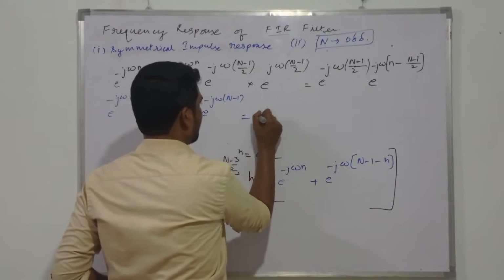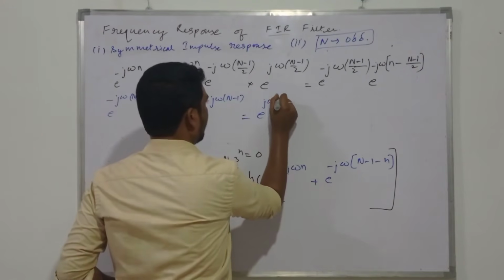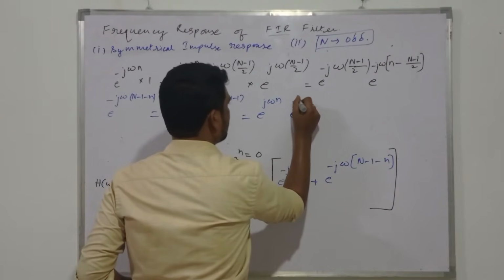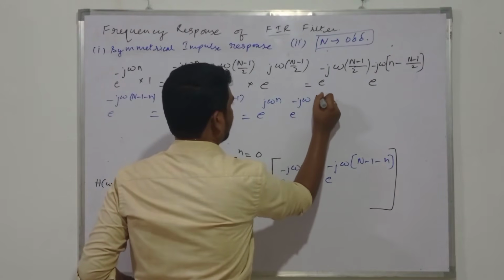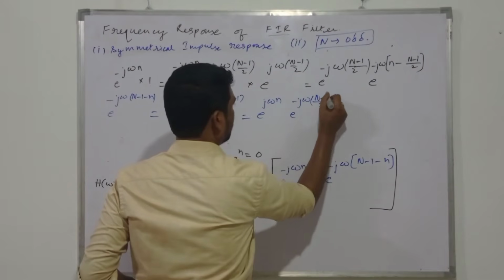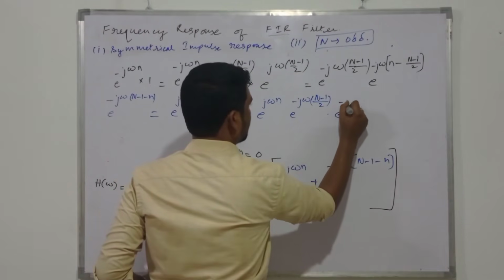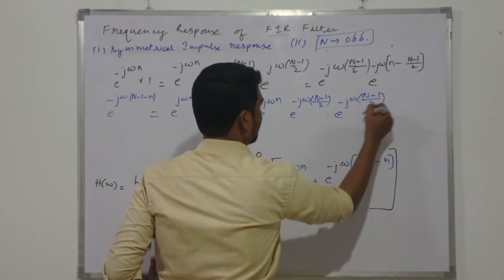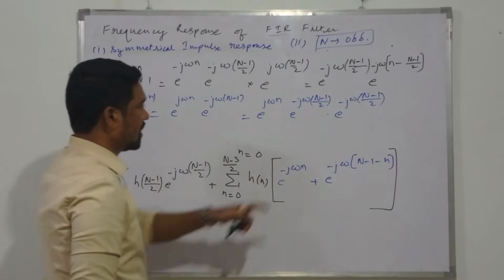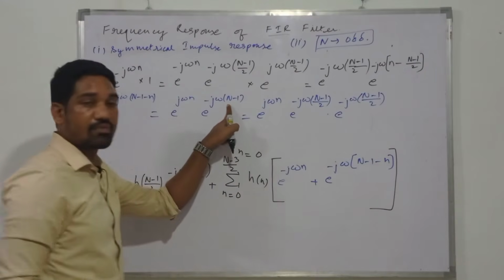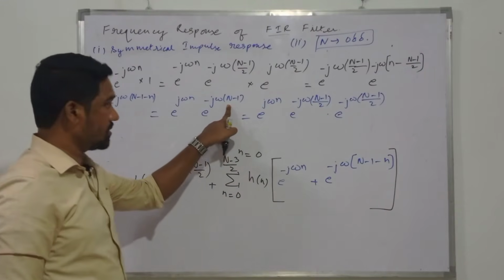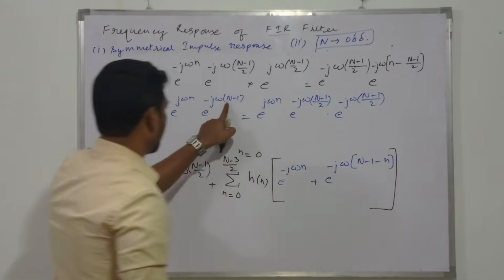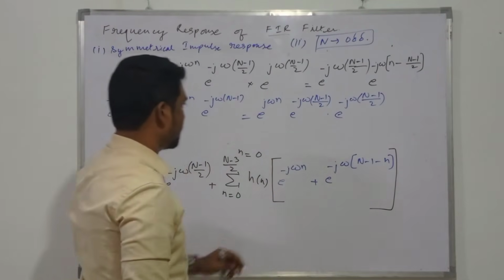This can be written as e raised to j omega n, no change in that one, e raised to minus j omega (n minus 1) whole by 2 into e raised to minus j omega (n minus 1) whole by 2. It's a half, isn't it? When these two halves are added, we have that complete n minus 1, right? (n minus 1) by 2 plus (n minus 1) by 2 gives us n minus 1, and so this can be written like this one.